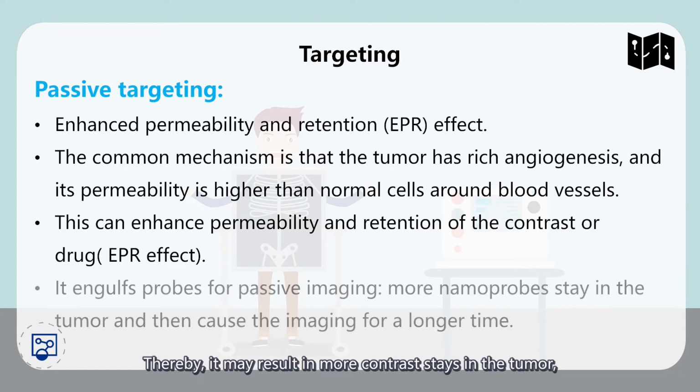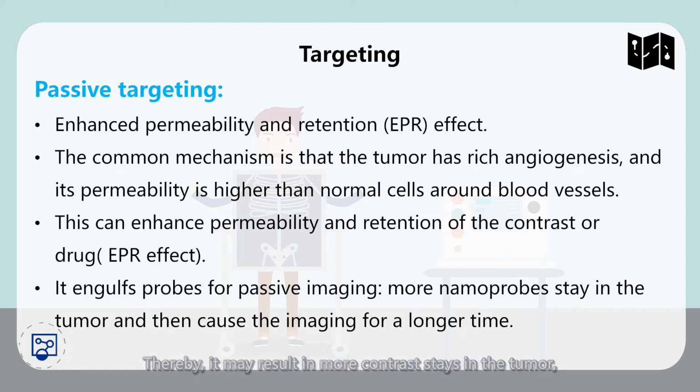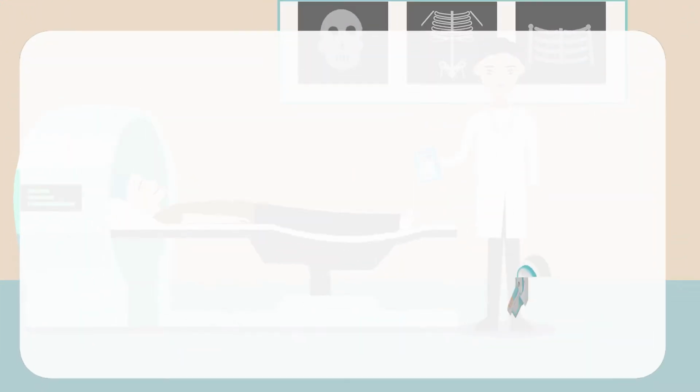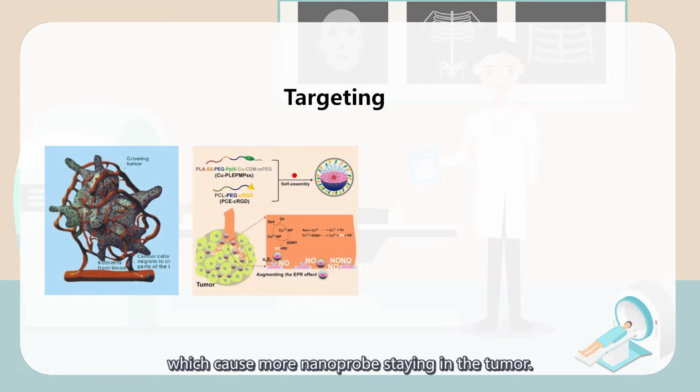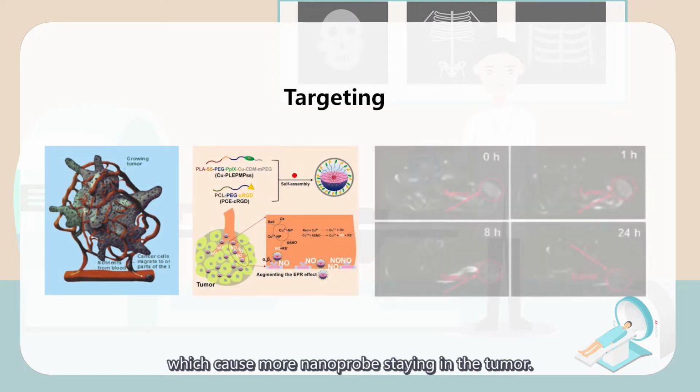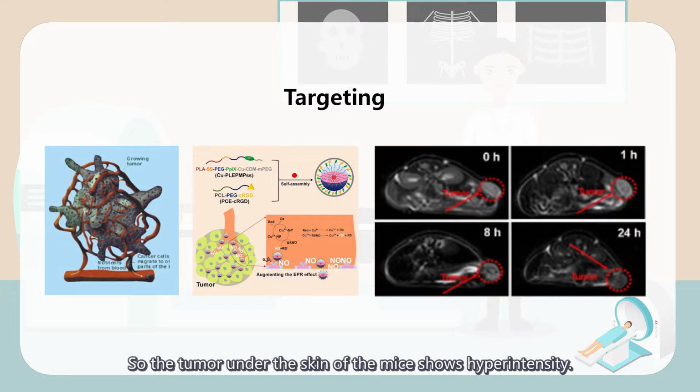Thereby, more contrast agent stays in the tumor, and the tumor imaging may last for a long time. The image shows abundant blood vessels with high permeability, which cause more nanoprobes to stay in the tumor, so the tumor on the skin of the mice shows a high intensity.